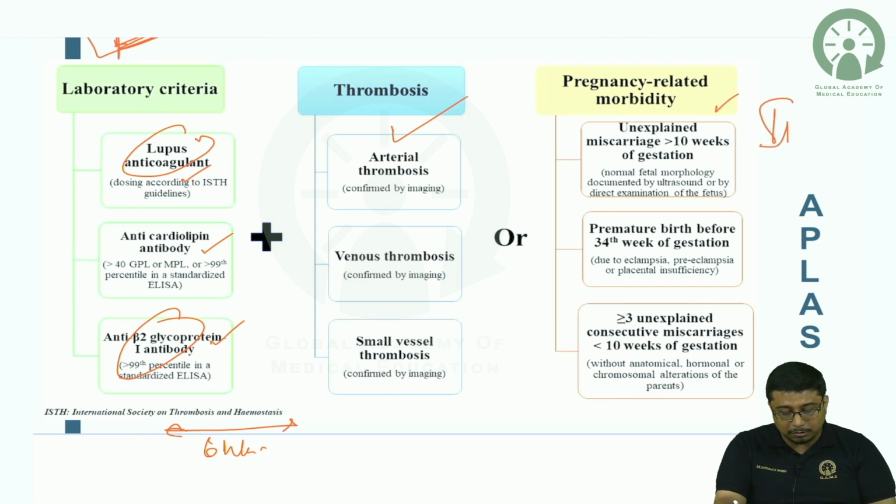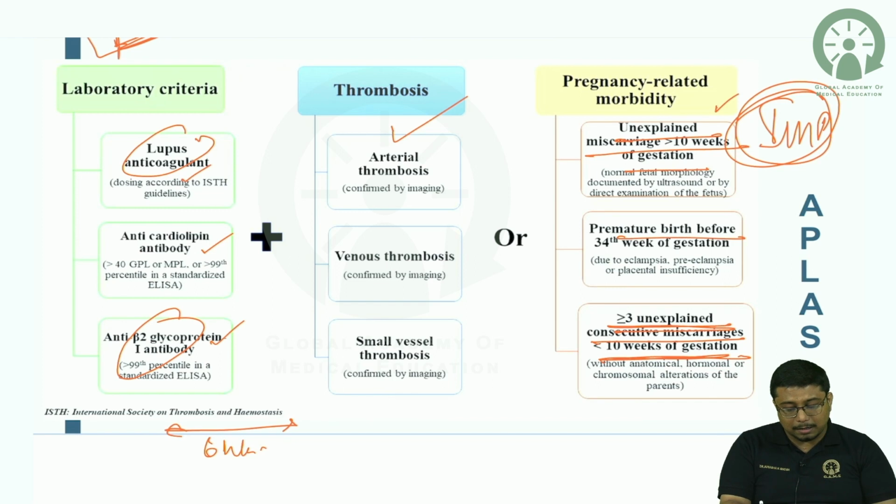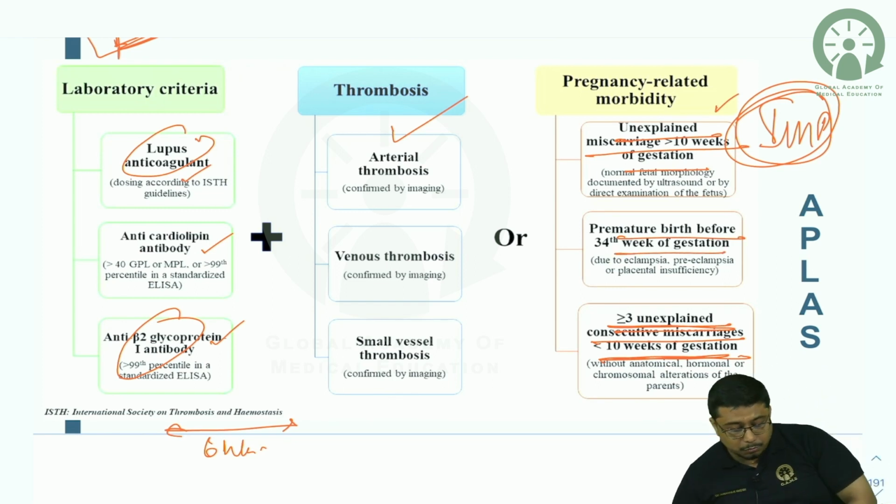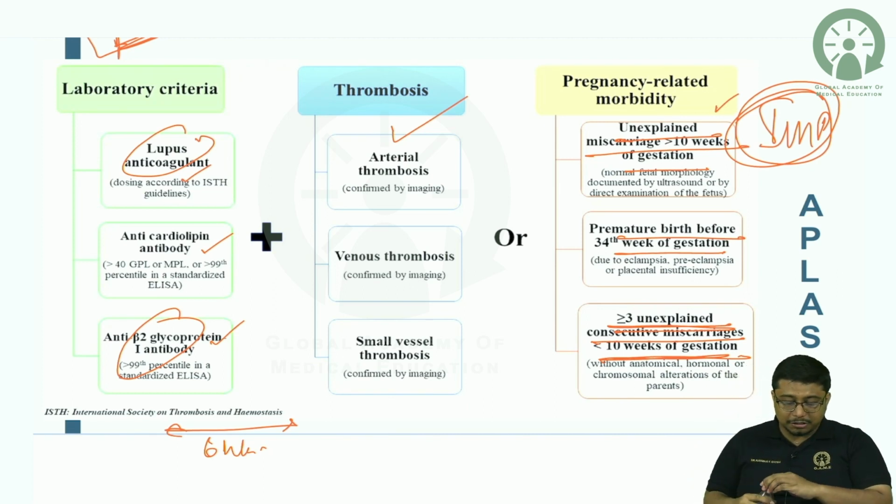You should know this very well. It's very important. Unexplained miscarriage at more than 10 weeks of gestation, only one, or 3 or more unexplained consecutive miscarriages at less than 10 weeks of gestation, or a premature birth before 34 weeks of gestation due to either prematurity or preeclampsia.